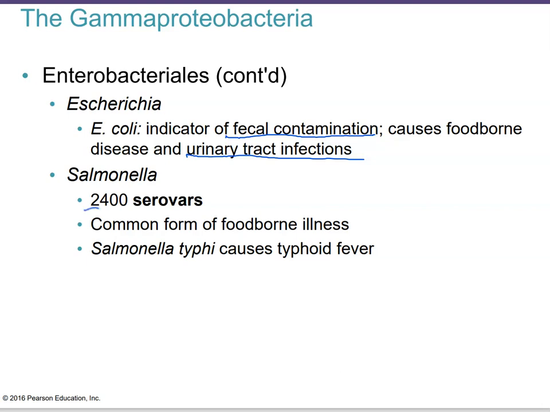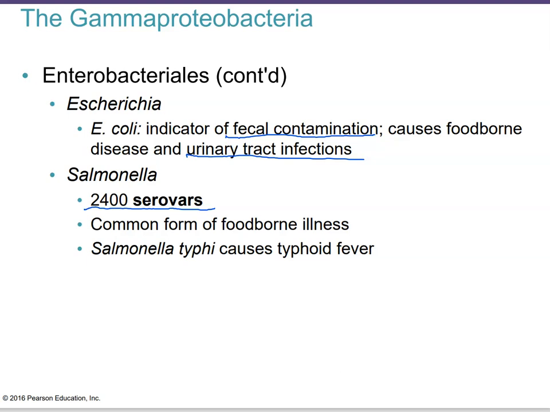There are 2,400 serovars, so different versions of Salmonella. They're all Salmonellas, but they're slightly different from one another, so thousands of different serovars. Salmonella is a pretty common cause of foodborne illness, causing the typical diarrhea or the cramping that you get with Salmonella infection.